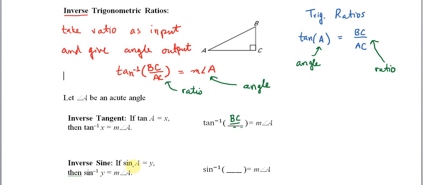If the sine of angle A is equal to some number y, then the sine inverse of that number is equal to the measure of angle A.